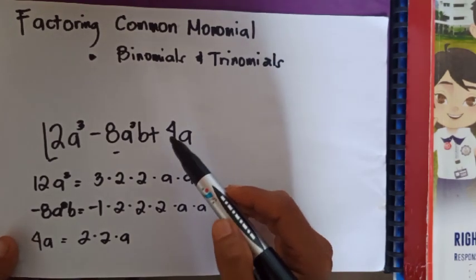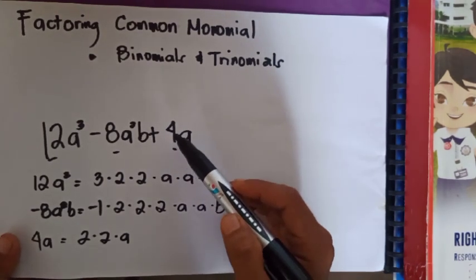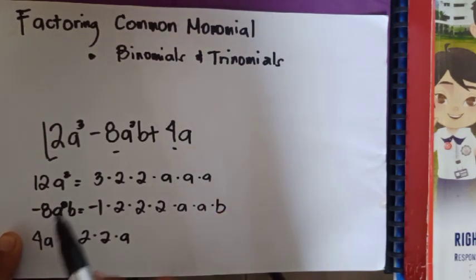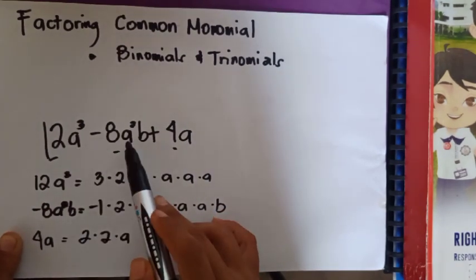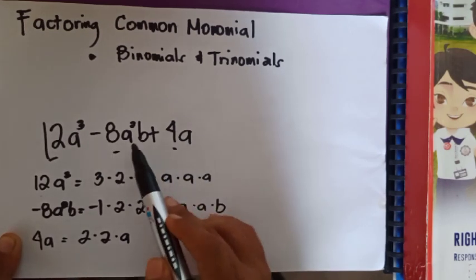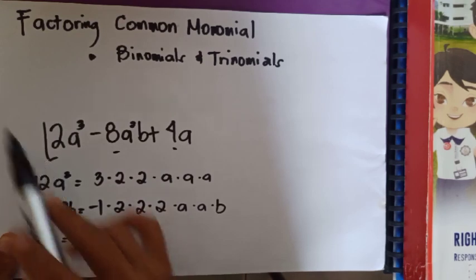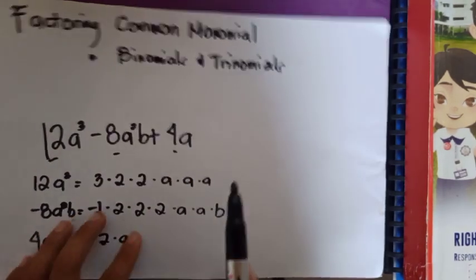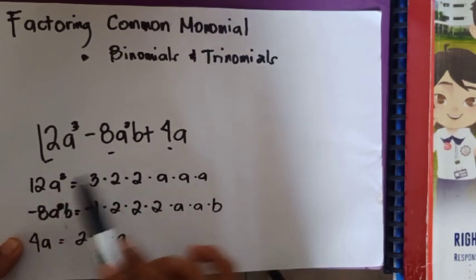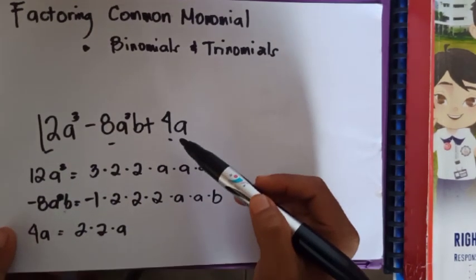Yes, they have a common factor. And the variables, do they have the same variables? Yes, they have a and a here. Only the middle term has b. But the thing about factoring common monomials is once they all have something in common, we can apply this.